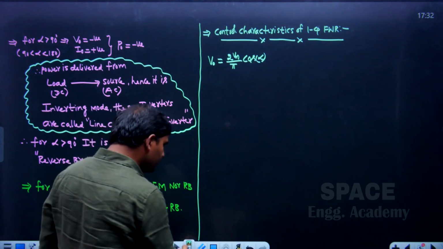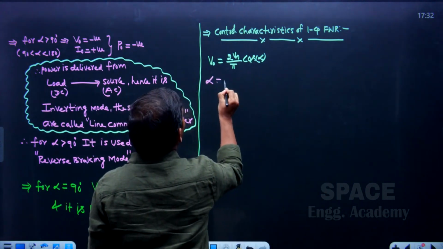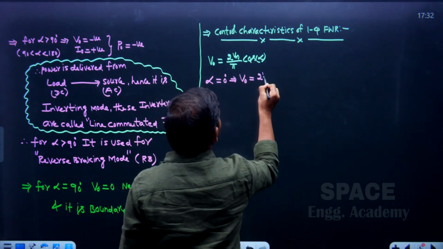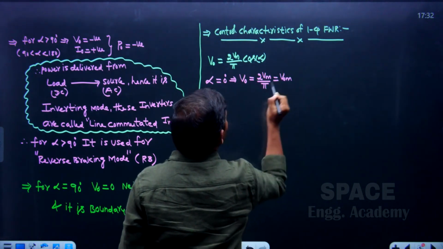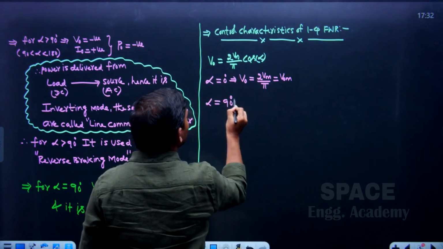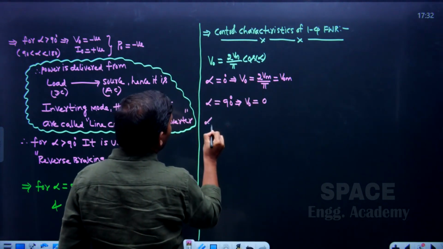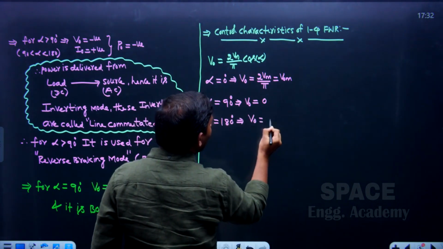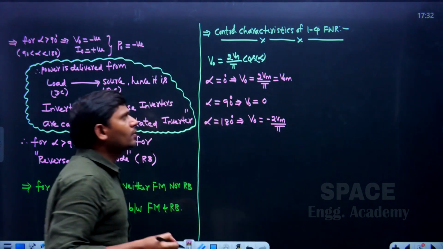If you substitute alpha equal to 0 degrees, what is V naught? 2 Vm by pi. This is the maximum average output voltage. For alpha equal to 90 degrees, V naught is 0. For alpha equal to 180 degrees, V naught is minus 2 Vm by pi, the negative maximum value.